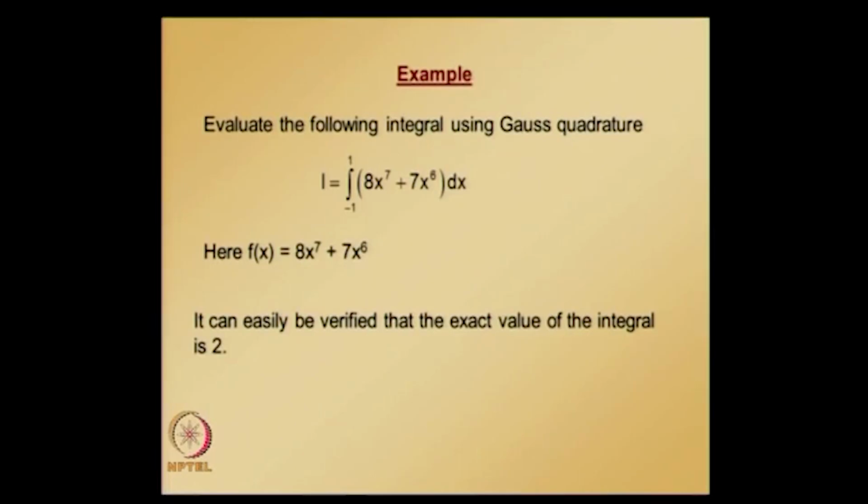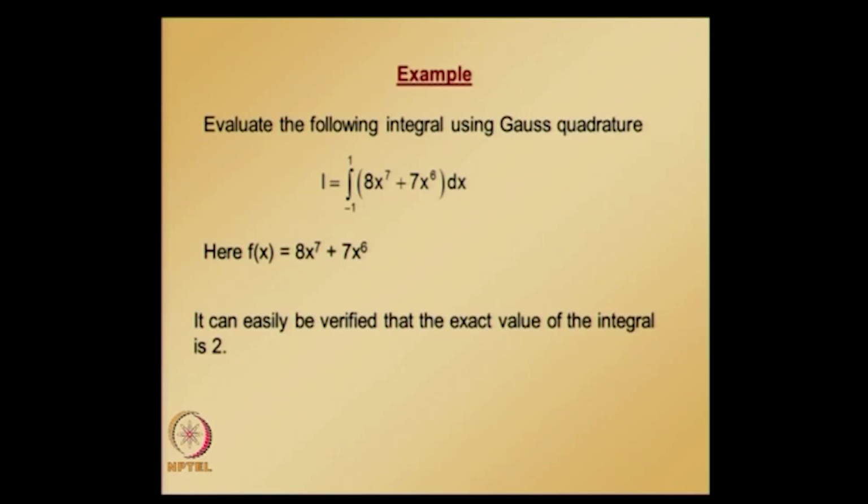It can easily be verified that the exact value of the integral is equal to 2, but that is not the purpose of this lecture. We are trying to learn to evaluate this integral using Gauss quadrature.